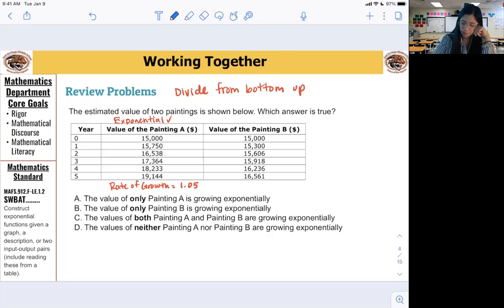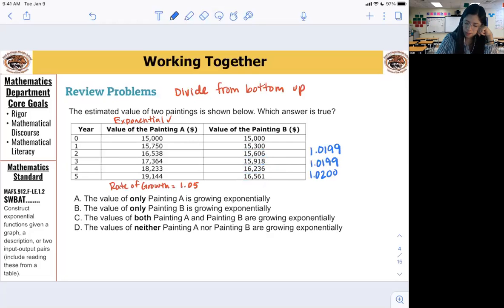Okay. Going from the bottom up, I'm going to just show you what I got when I divided. I got 1.0200. For the next 2 numbers, when I divided, I got 1.0199. Then I got 1.0199 again.